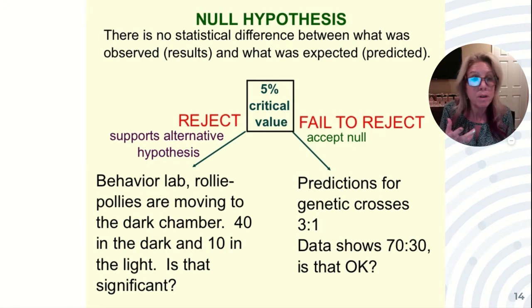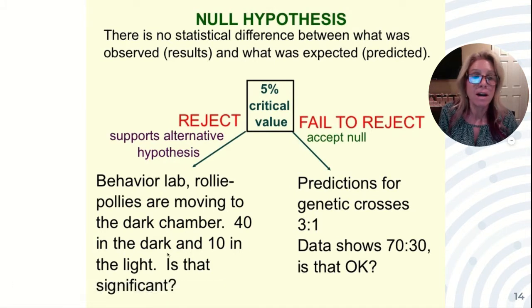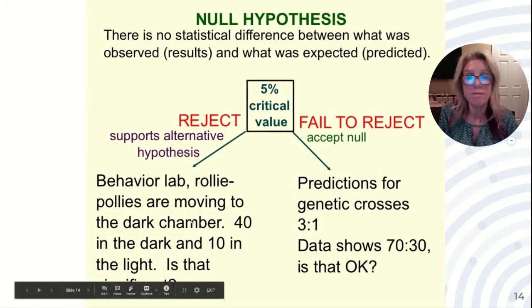Well, it turns out I got 40 and 10. If you do observe minus expected here, that is going to be a very low probability. So in that case, I would reject my null and support an alternative hypothesis. In this case, that roly-polies prefer the dark. Feel free to do the math on both of those for a review.